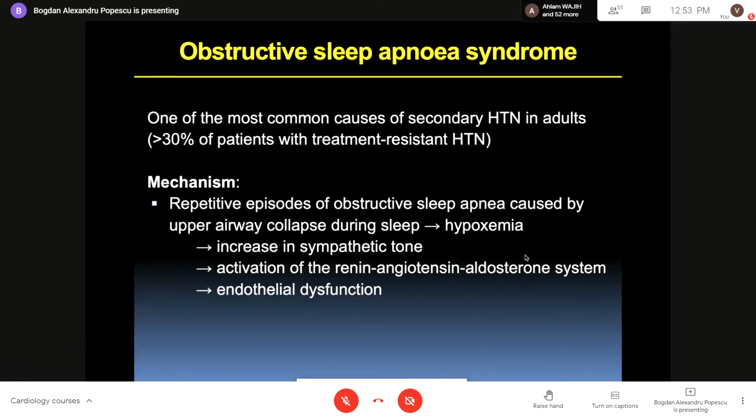In fact, more than 30% of patients with resistant hypertension may in fact have obstructive sleep apnea, and mechanisms involved relate to repetitive episodes of obstructive sleep apnea caused by upper airway collapse during sleep. These lead to hypoxemia. This leads to increase in sympathetic tone, will activate in turn the renin-angiotensin-aldosterone system, may also give rise to endothelial dysfunction.